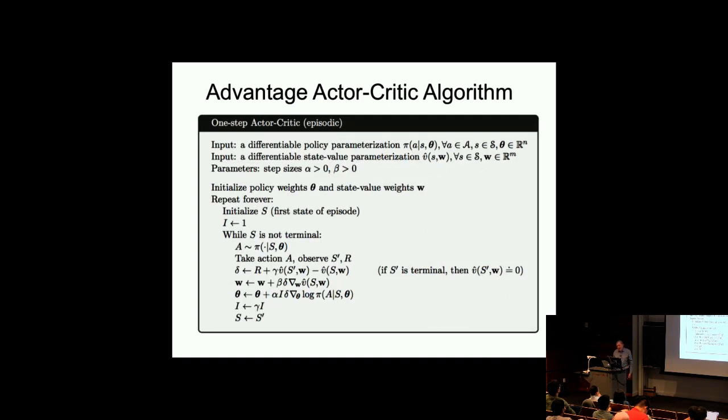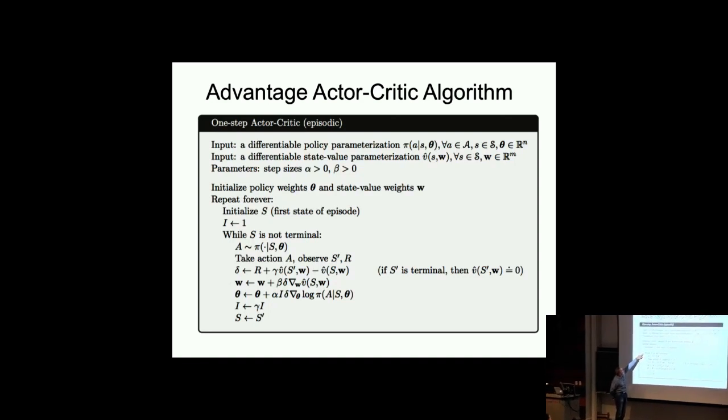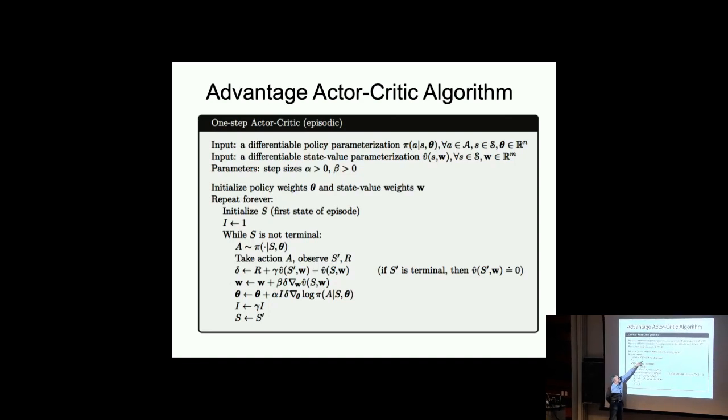Here's in fact the advantage actor-critic algorithm, which is one that we've looked at before under another name. In this case, this is for the episodic setting. What we do is we keep drawing an action, observing the next state and the reward. If you think about this quantity, this is really our estimate of the advantage. This is our delta, based on a parameterized learned value function.